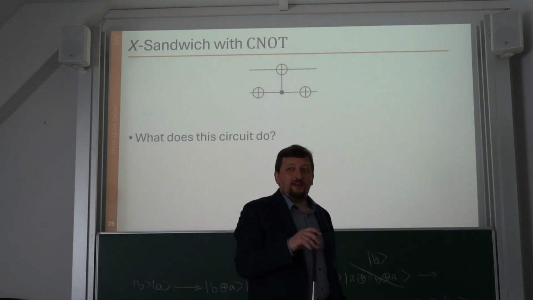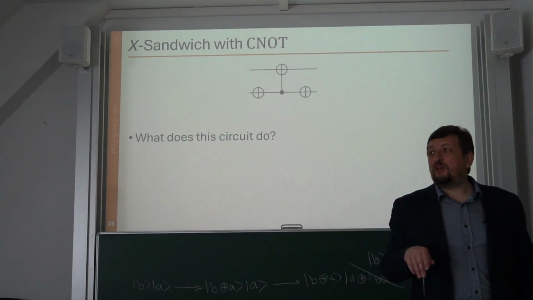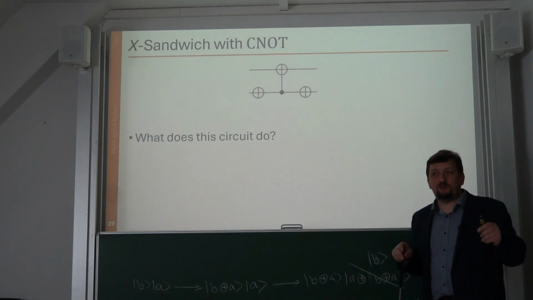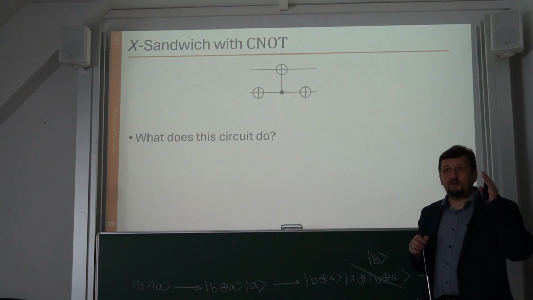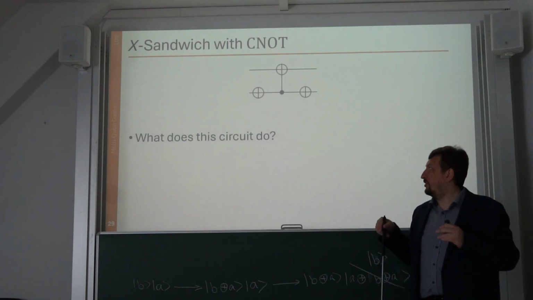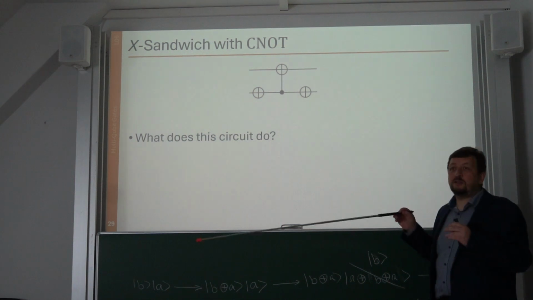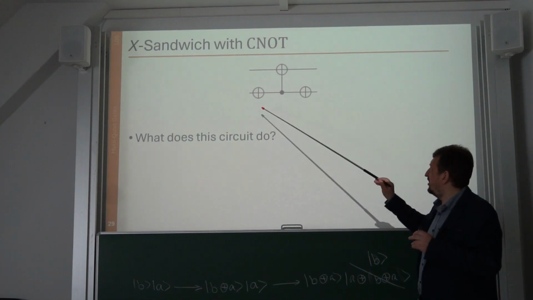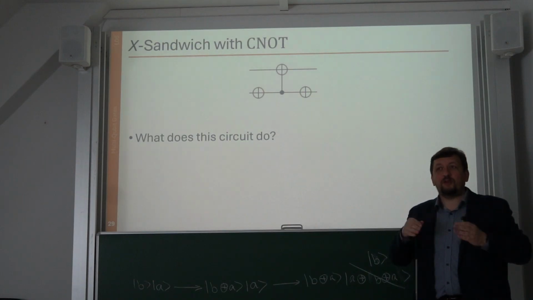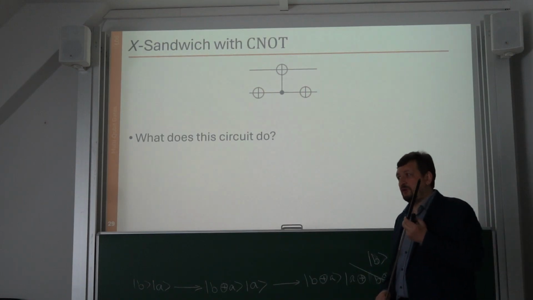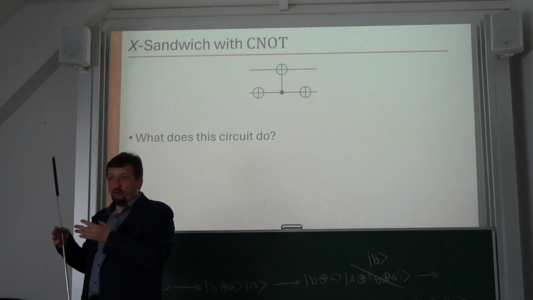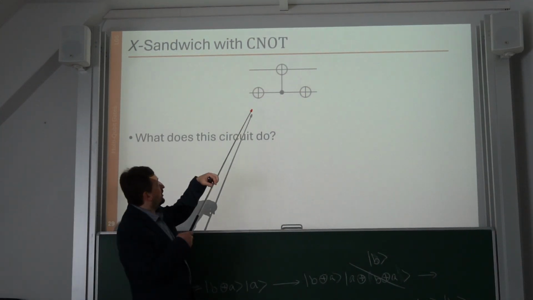Well, as always with sandwiches, we can use an argument about change of basis. What a sandwich does is some gate, another gate, then the first gate's adjoint. For the X gate, X is its own adjoint. So basically here we have a change of basis. When we have a sandwich, the easiest way to understand what it does is to consider the change of coordinates produced by this basis.